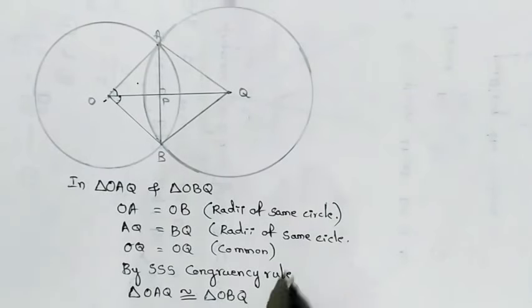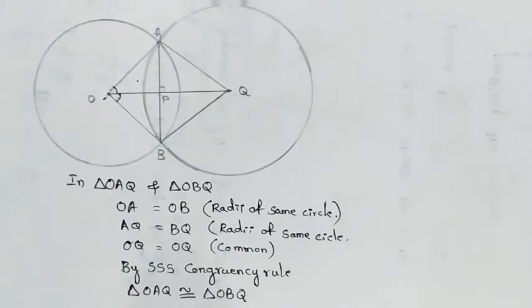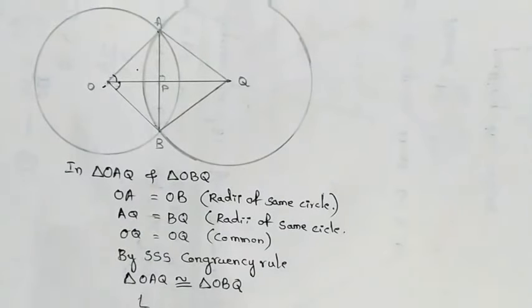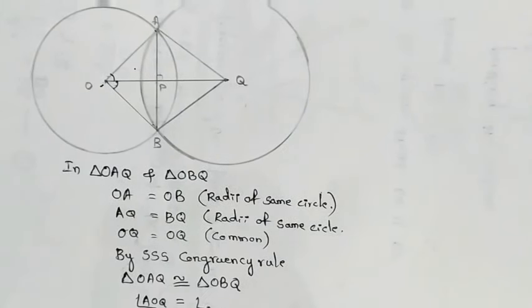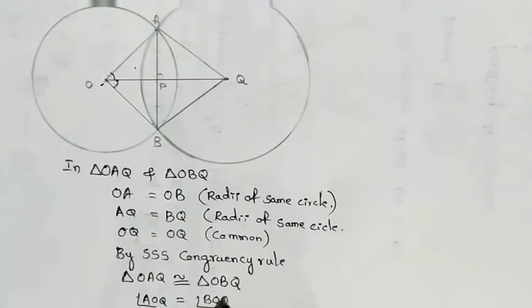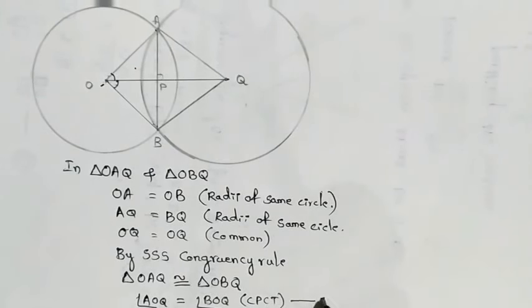So here I will write that one, that is CPCT. Angle AOQ equal to angle BOQ, CPCT. So let's take equation number 1.